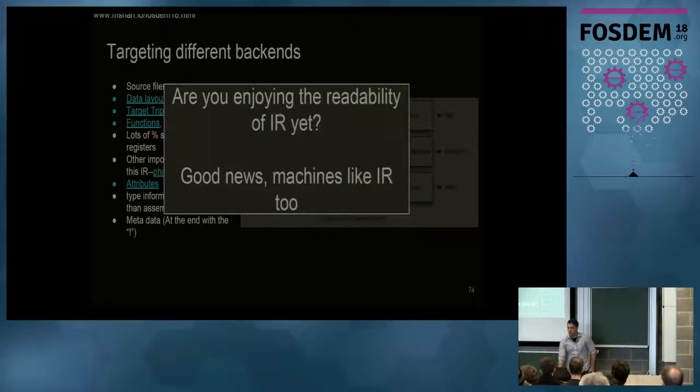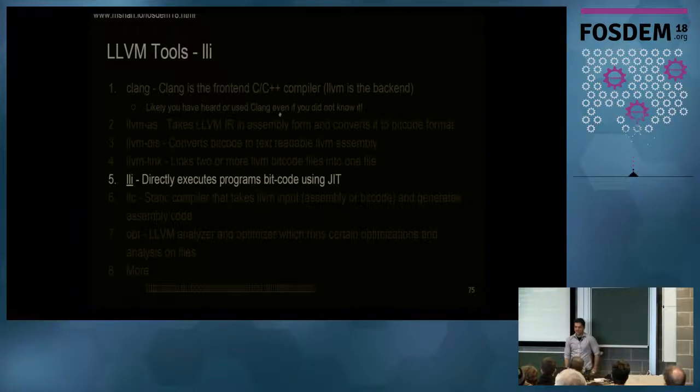Well, hopefully we're enjoying the IR readability, and the machines enjoy it too. Because this leads us to our next tool, LLI. It's an execution engine that directly executes program bitcode using its own JIT compiler.